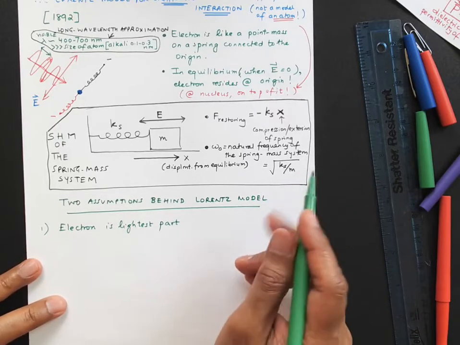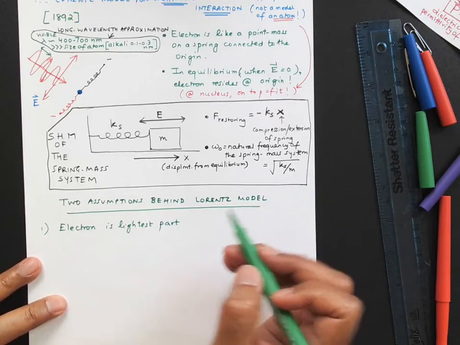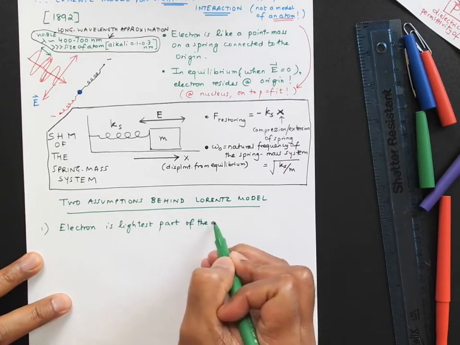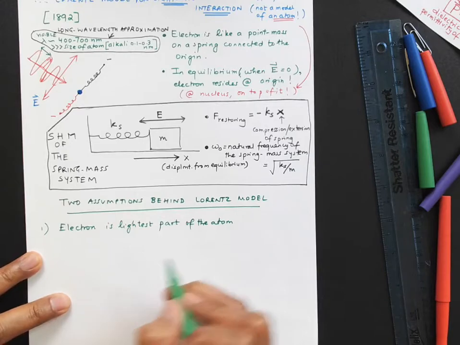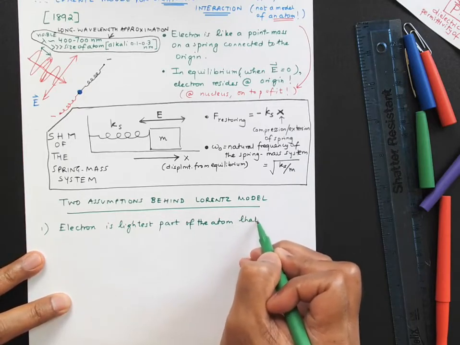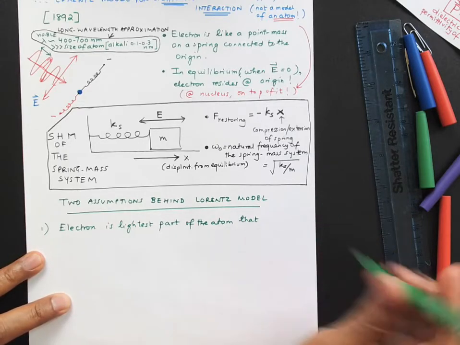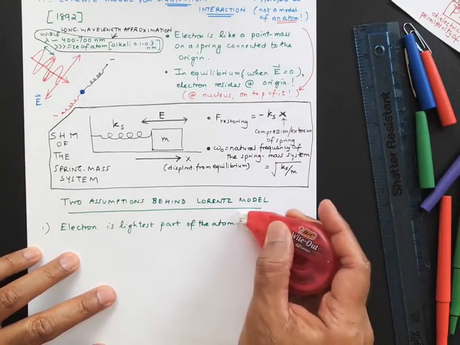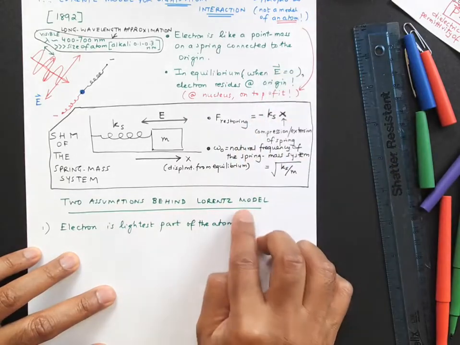I'm not sure exactly what he knew at the time, but the electron is the lightest part of the atom.